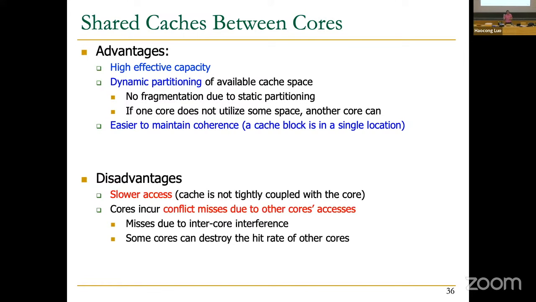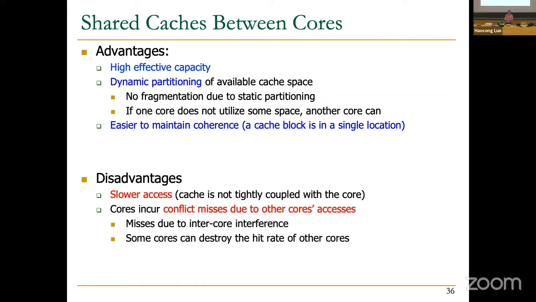And as we discussed, cores incur misses by evicting each other's blocks, essentially. These are misses due to intercore interference, if you will. And some cores can destroy the hit rate of other cores, depending on the access patterns again. Right? One core may have very nice locality in the cache, but it may be using, I don't know, 10% of the shared cache.